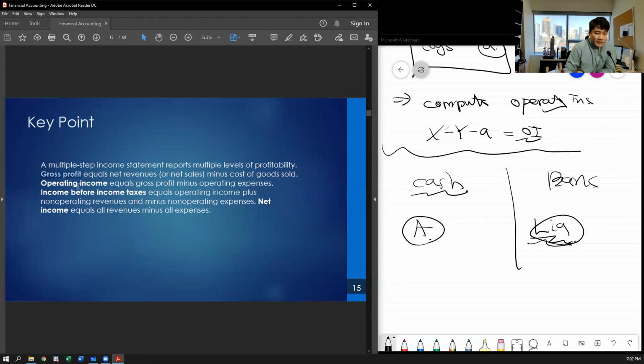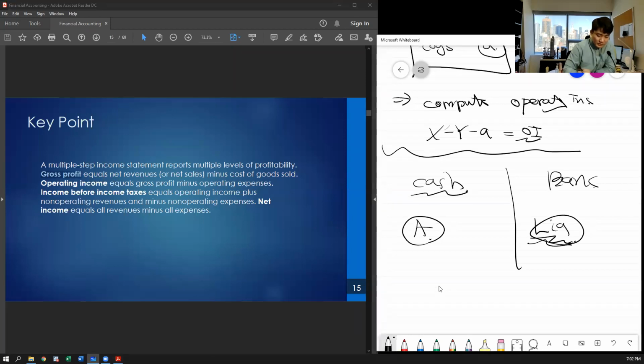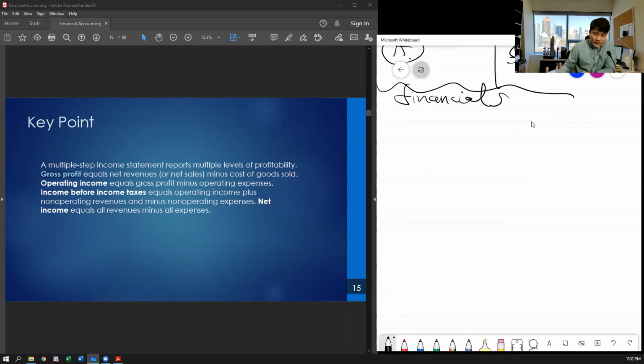Now, technically, when you look at real world financial statements, we usually have a financial metric called EBITDA. I don't know how many of you have heard of this, or EBIT.